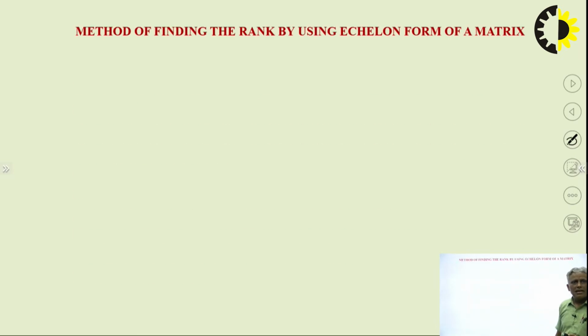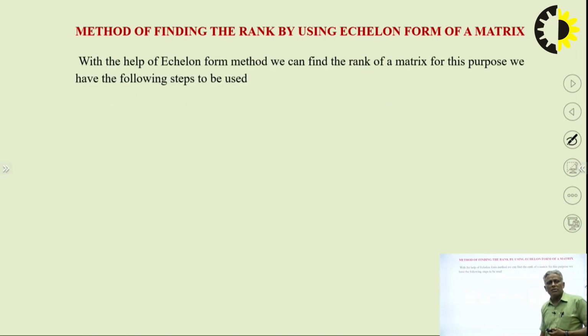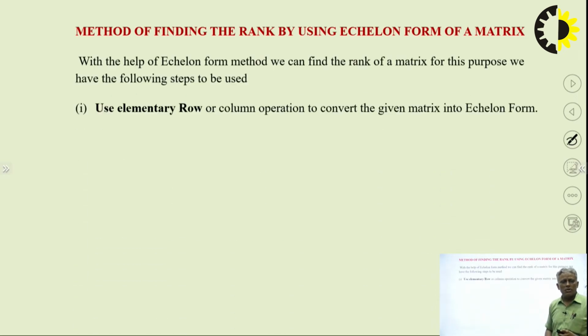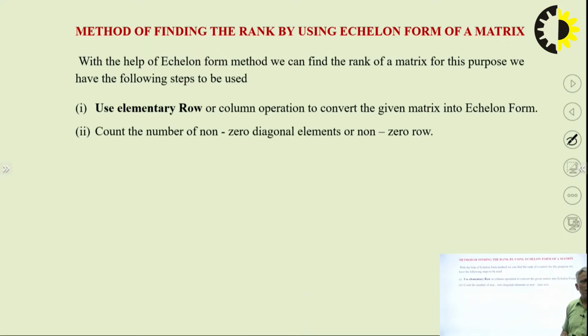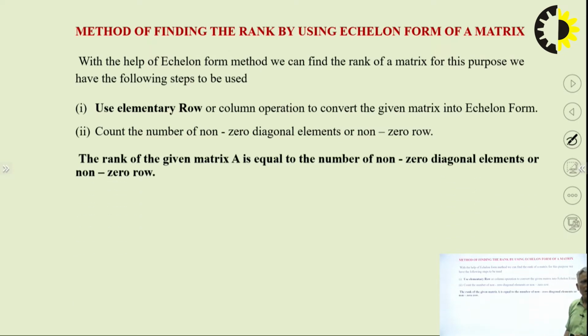We consider here another method to calculate the rank of a matrix by using the echelon form of a matrix. So first of all, how to reduce a given matrix into echelon form? By using elementary row operations, convert the given matrix into the echelon form, maybe row operation, maybe column operation, and count the number of non-zero rows and calculate the rank of the matrix.